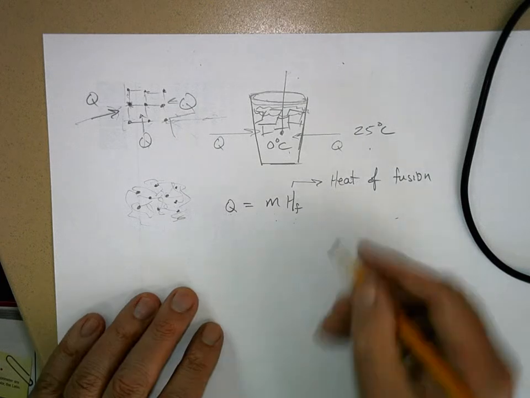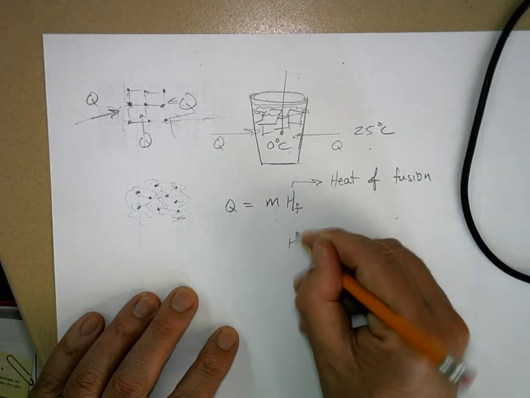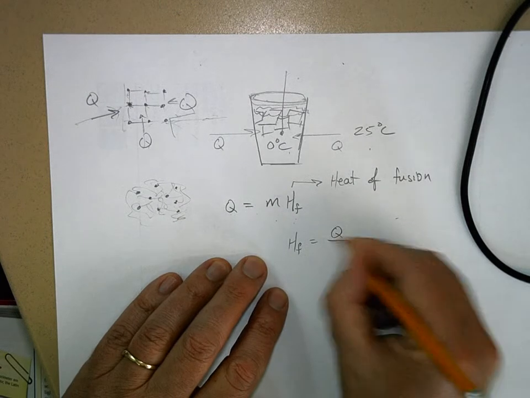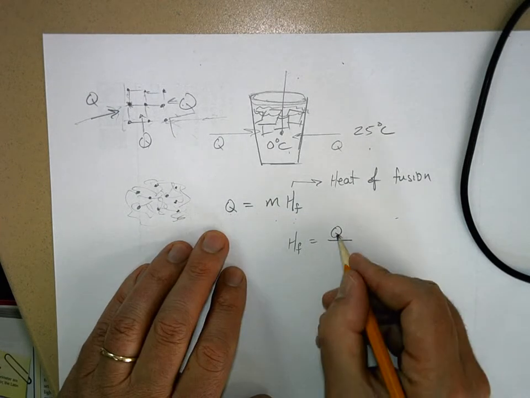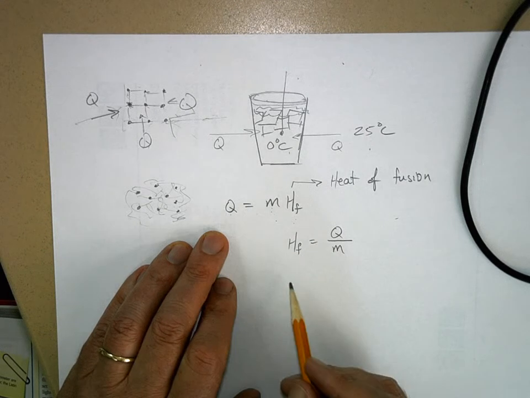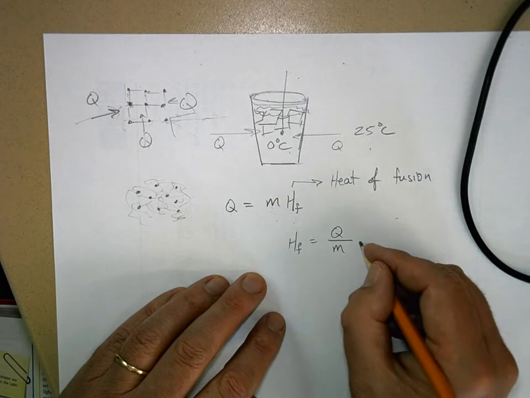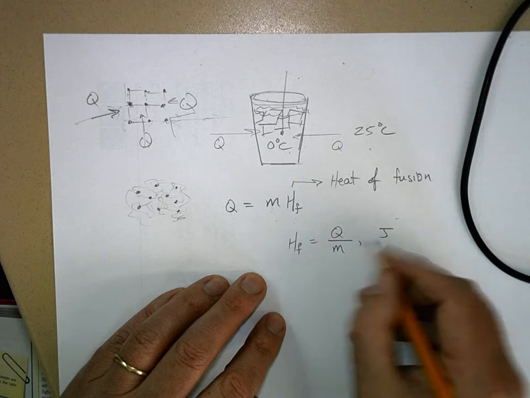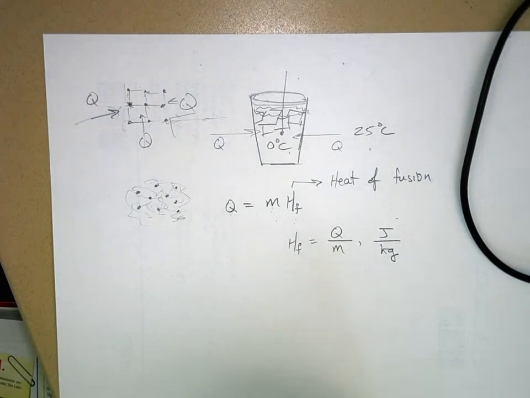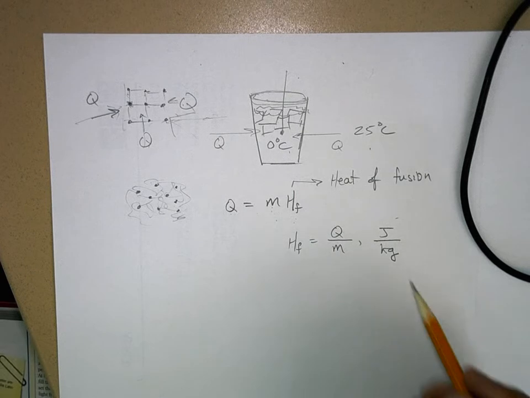So the way you find it is, if you measure the heat of fusion, it's the heat needed to melt a certain mass of ice. M stands for mass. And so this has units of joules per kilogram, or joules per gram, depending on whatever units you're using for energy and for mass.